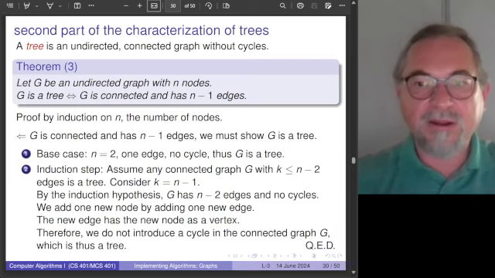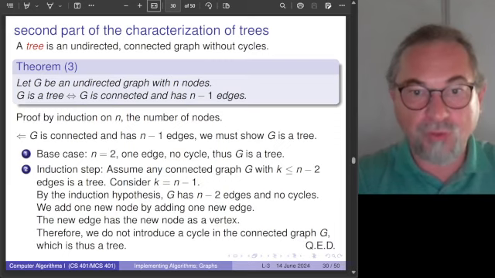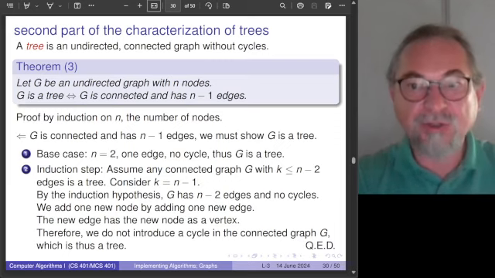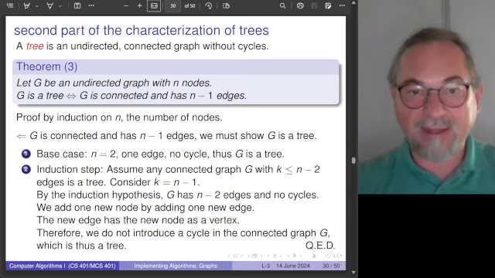So we go from a graph with n minus 2 edges or less to one with n minus 1 edges by adding one node and one edge.